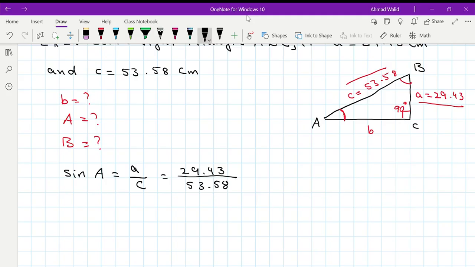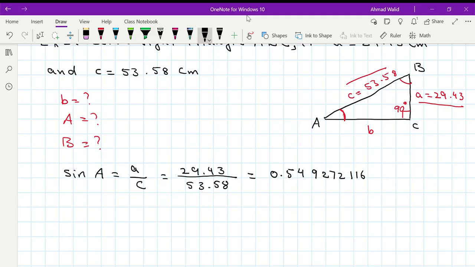And I will see how much the answer is. Your answer is actually 0.5492721. Keep it this way or the other way.